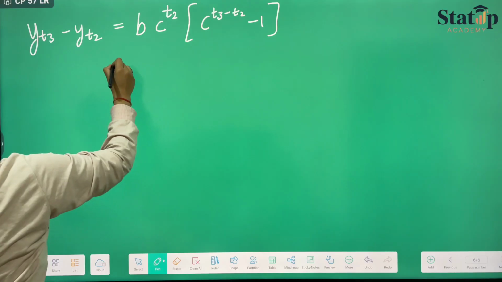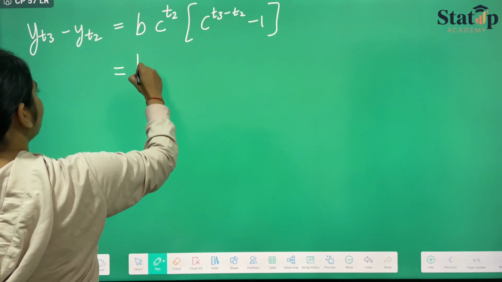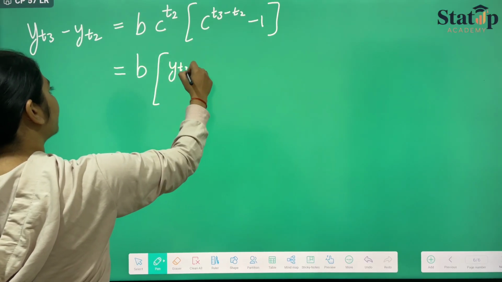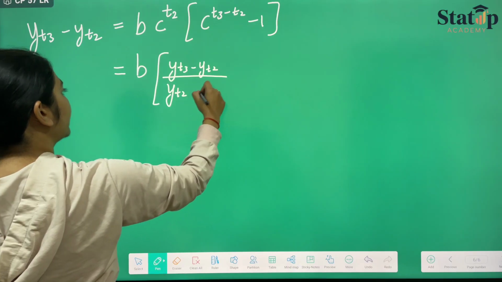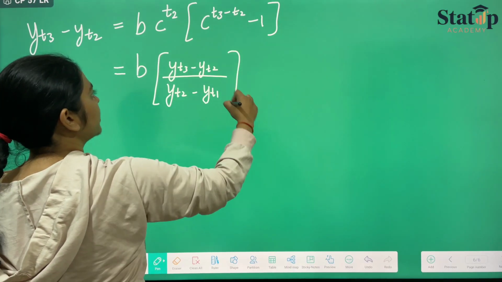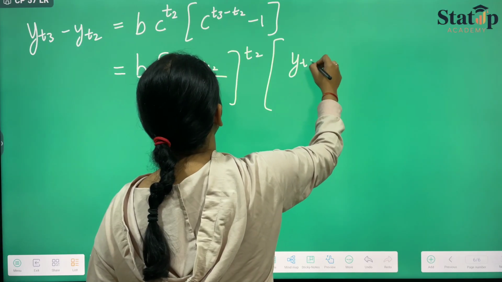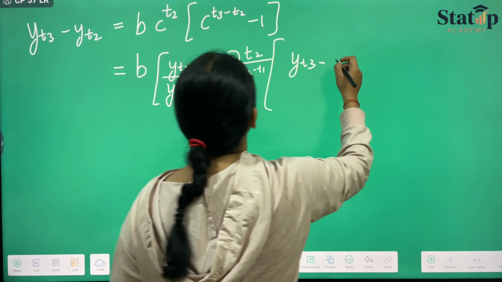Here we'll put the value of C. So we'll be getting B. C is (y_T3 minus y_T2) upon (y_T2 minus y_T1) raised to the power T2, and (y_T3 upon T2 minus T1).